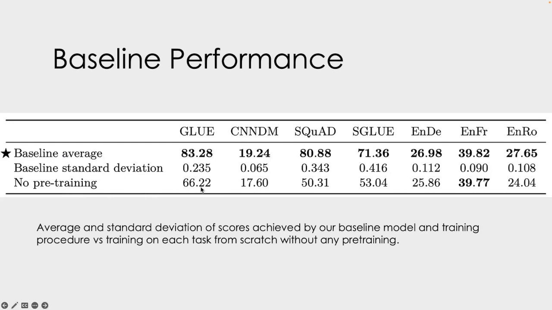And this is the performance without running any pre-training, and you see that the performance greatly dropped over there. So this is the initial baseline. They use T5 to basically use one model, the same set of parameters, to predict for all different tasks.